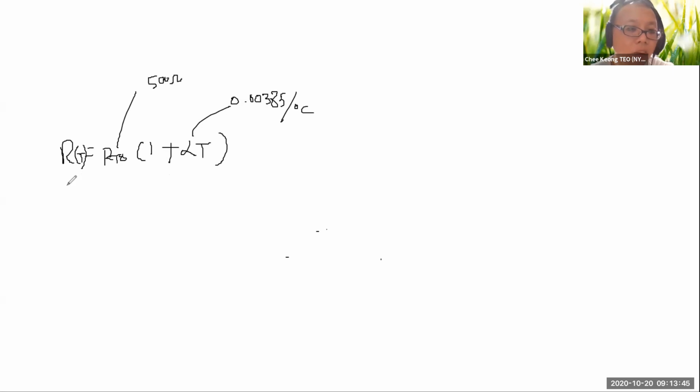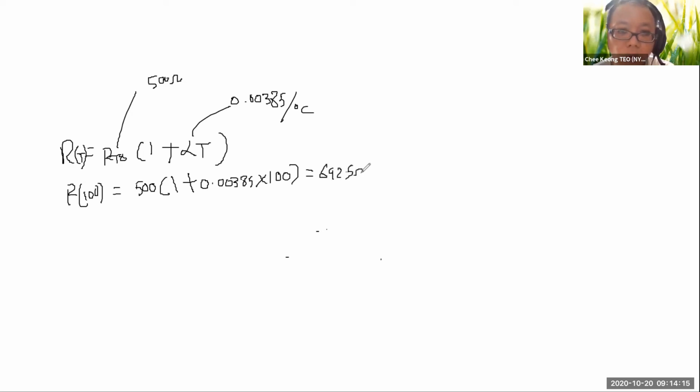So they ask you to find R when T is 100 degrees. You just put in 500 times 1 plus 0.00385 times T, where T is 100. If you press the calculator, you should get 692.5 ohms.